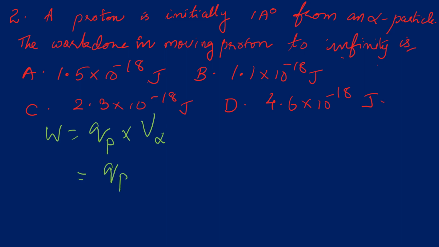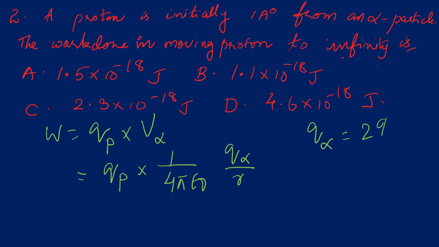That we can write charge of proton into potential equation is 1 by 4 pi epsilon 0 q by r, and charge of alpha particle is 2 times that of proton, because we consider alpha particle as helium nucleus He 2 4, and it represents charge. So it is 2 times that of proton.